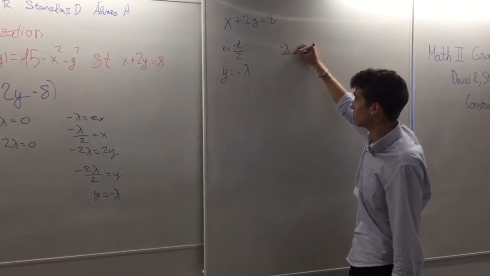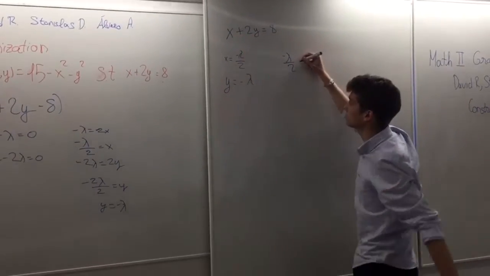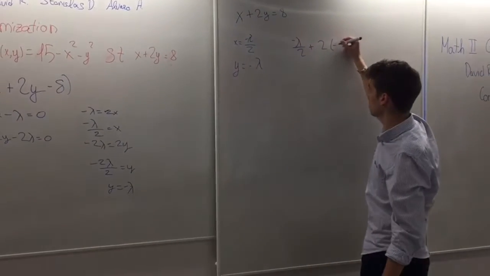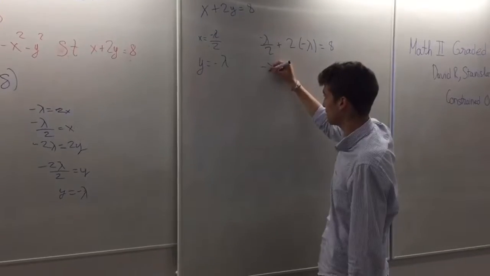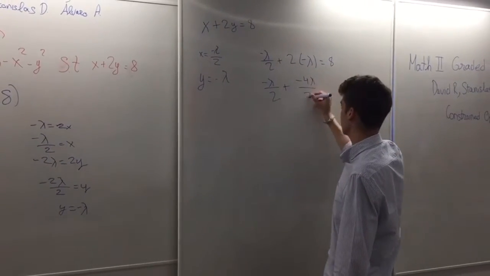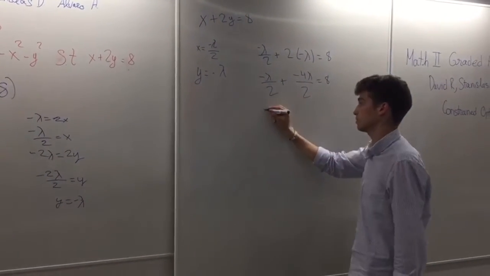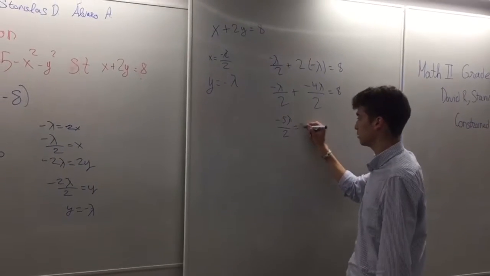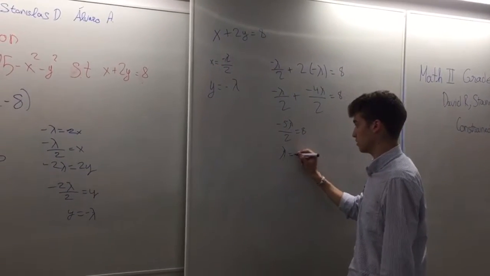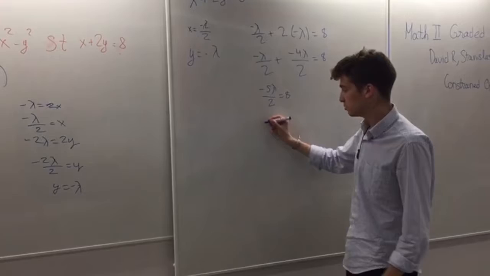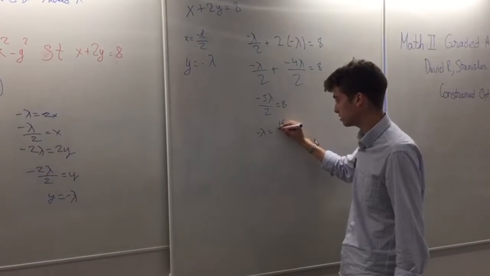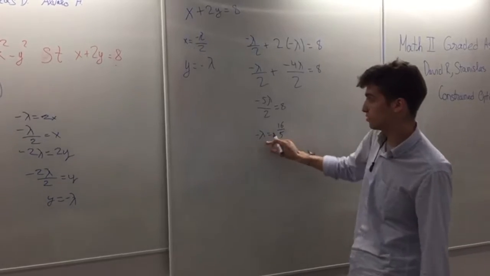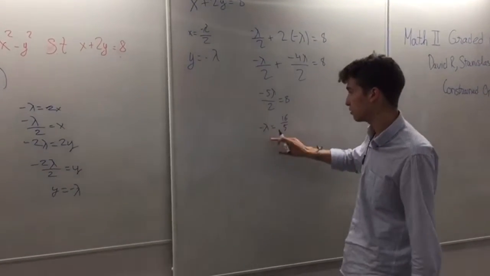Okay, so we start: x is this plus 2 times minus lambda equals 8. So we pass it to here, we leave minus lambda by itself, and it would be 16 divided by 5, which gives us the value of minus lambda.